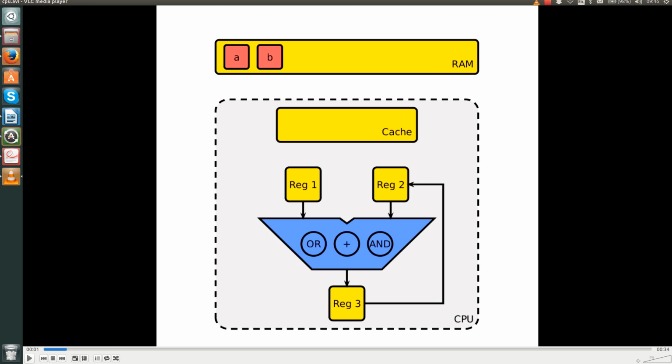In order to add them, the processor will transfer the data to the registers so that these two numbers can be added by the arithmetic logic unit. So we see A and B traveled through the whole memory hierarchy from RAM to cache, from cache to registers, and once they reach the registers, they can be processed by the arithmetic logic unit.